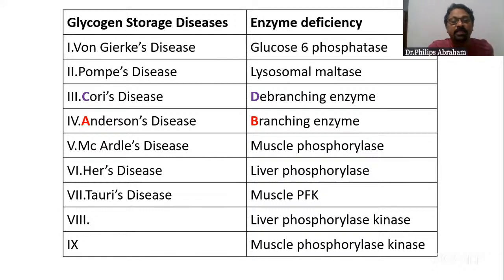Glycogen storage disease 8 is due to deficiency of liver phosphorylase kinase, and type 9 is muscle phosphorylase kinase. So now I hope you can say the answer. Type 1, von Gierke's disease, is because of the deficiency of glucose 6-phosphatase.